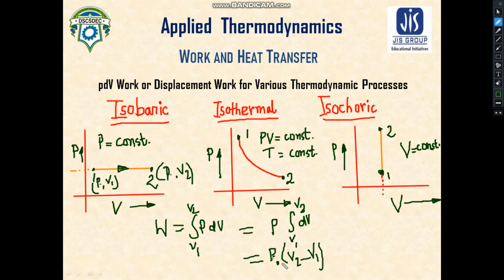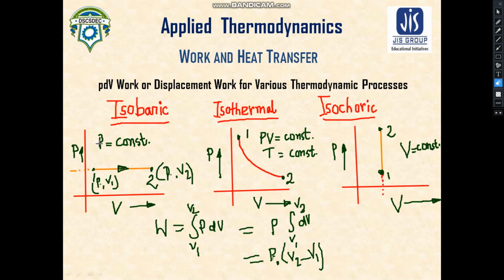So you have to remember these formulas. You have to give very much importance to this formula, because to solve different numerical problems, these formulas will be required very much.